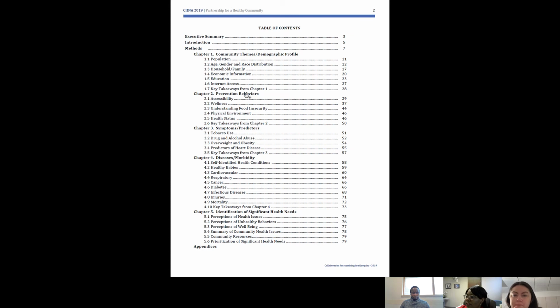The second chapter is more on the prevention behaviors based on health status, understanding food insecurity, wellness, the generalized topic areas of prevention. And then symptoms, and then getting into the actual chronic disease assessments, as you can see. And then the final chapter looks at coagulating and synthesizing the data to identify what the priority health needs are for our community.